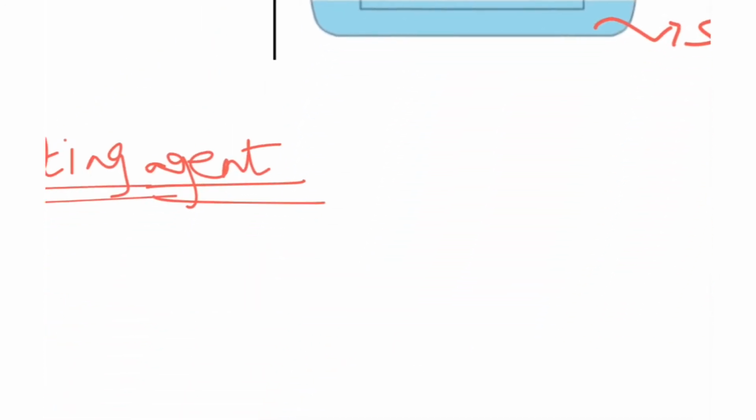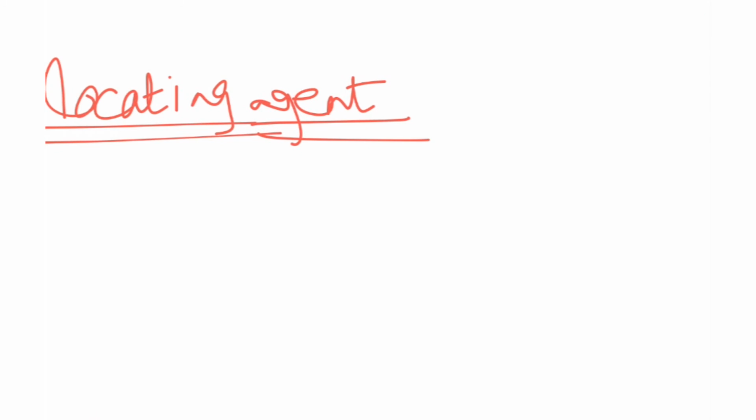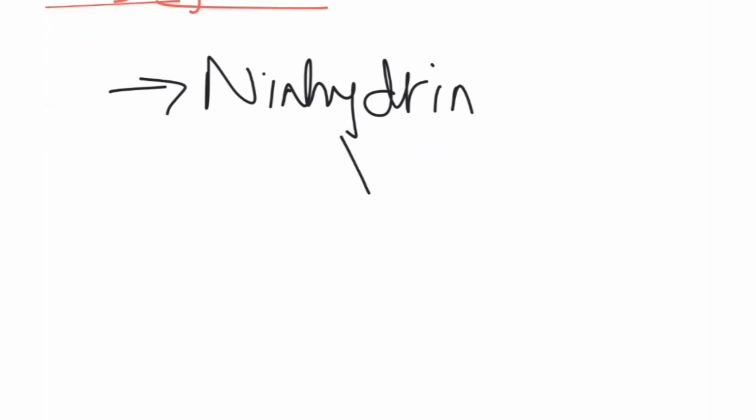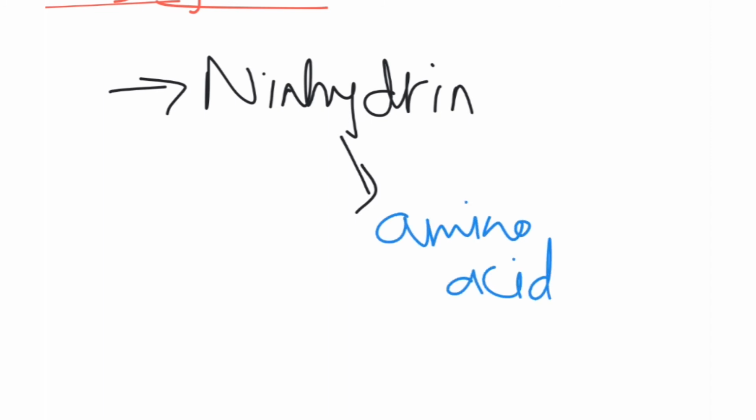For example, a very famous locating agent is ninhydrin, which is used for amino acids, which are the building blocks of a protein. When ninhydrin is sprayed onto the amino acids, it makes them visible for us and helps us to see the spots.